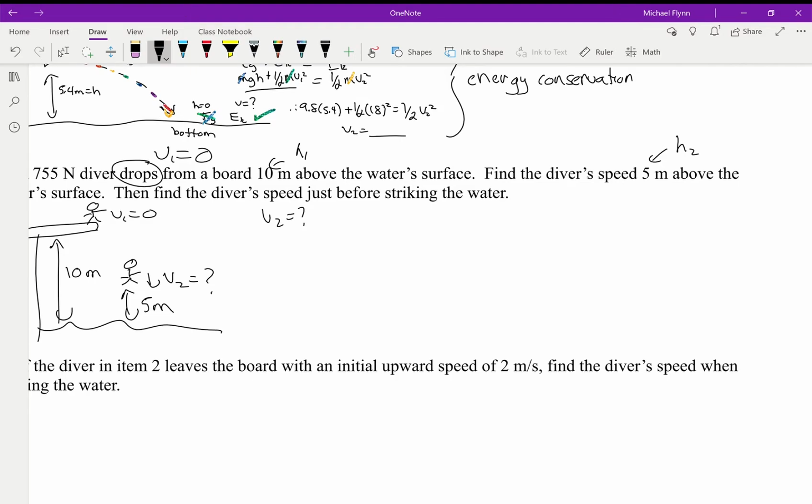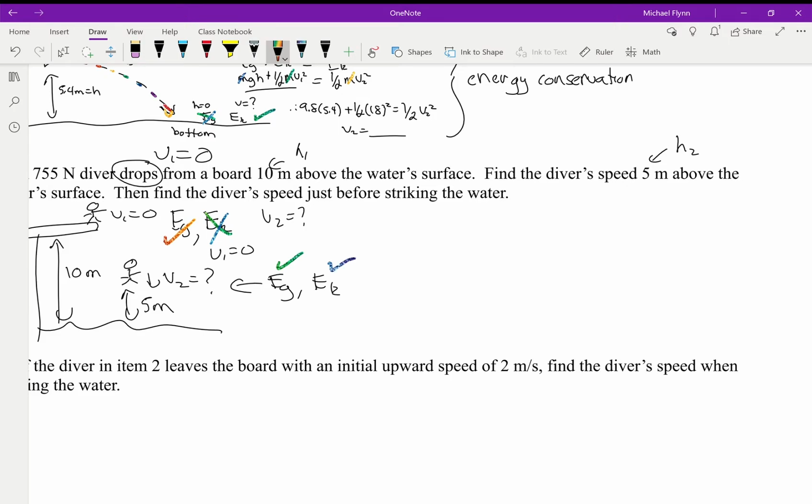So again, at the top, what kind of energy do you have? You have Eg, because you've got height, but you don't have Ek because V1 is 0. At the 5 meter mark, you still have Eg, and you're going to have both of these.